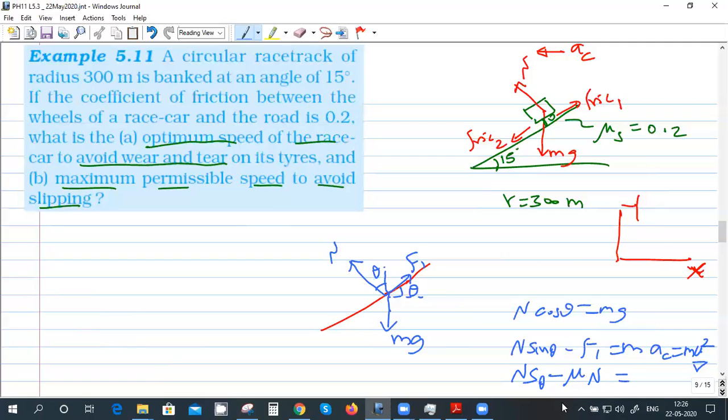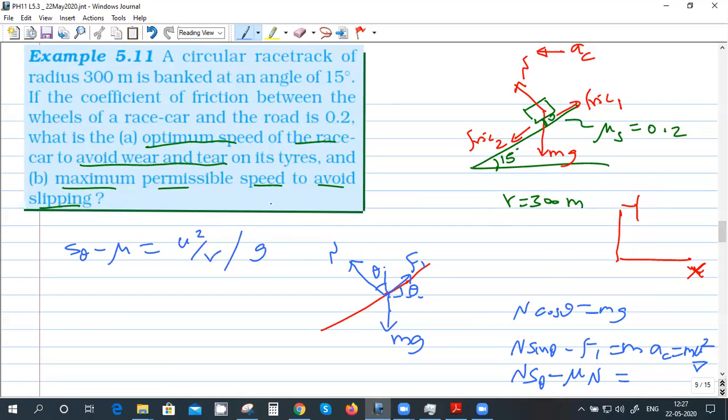So if I divide, I'll get tan theta minus mu equals v square by r g.